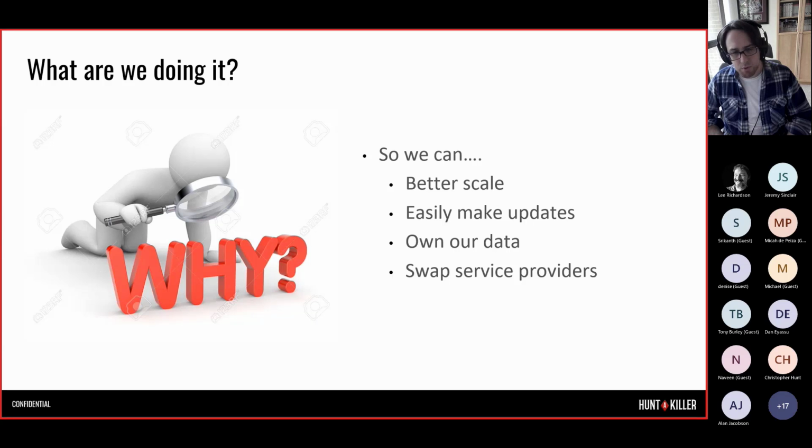We're doing this first and foremost so we can better scale. The issue with a monolith is that when you need to scale a particular part of the monolith, let's say, for example, our shipping service or our shipping integration, you have to scale the monolith as a whole.